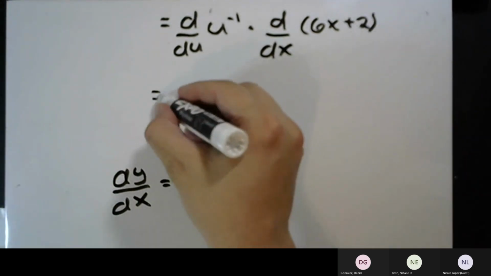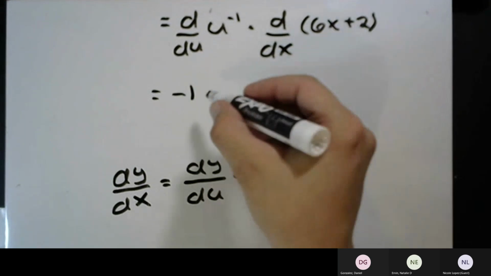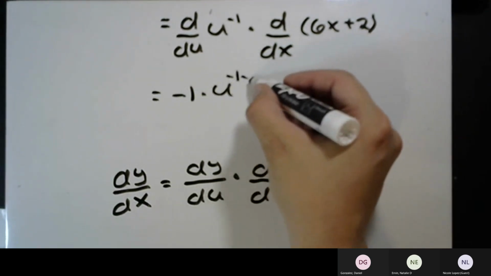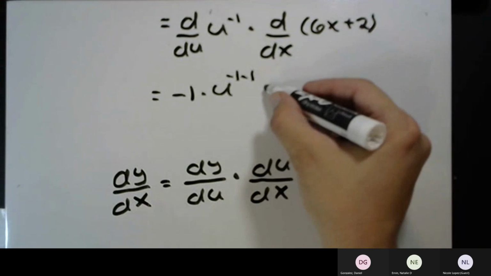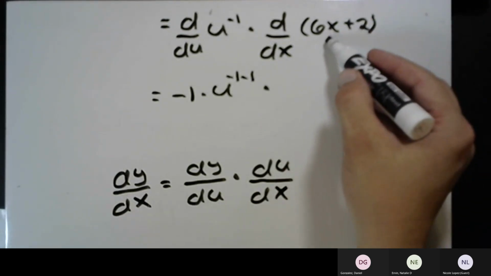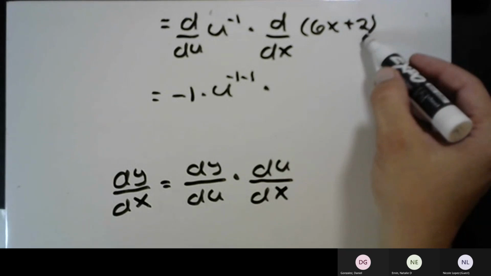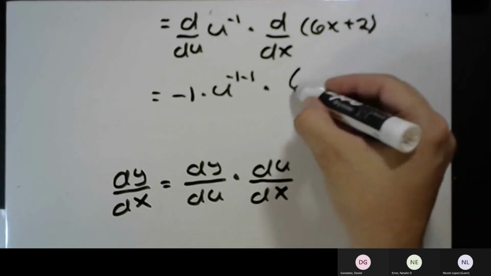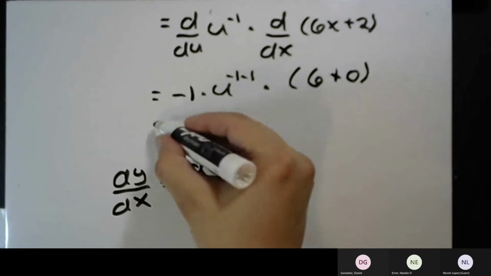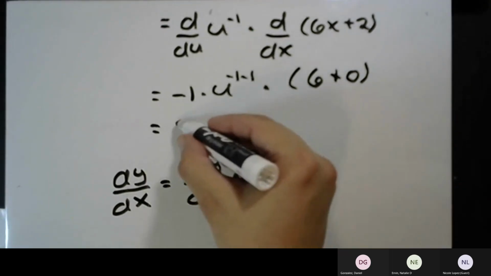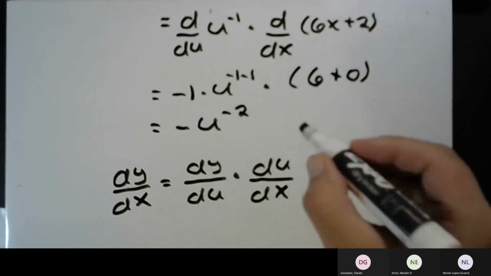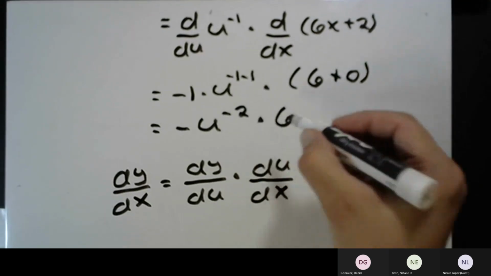Or negative 1 times u to the minus 1 times, and this is going to be, you take the derivative of 6x, you'll get 6. Derivative of a constant is 0, so you'll get 6 plus 0. Or negative u to the negative 2 times 6.